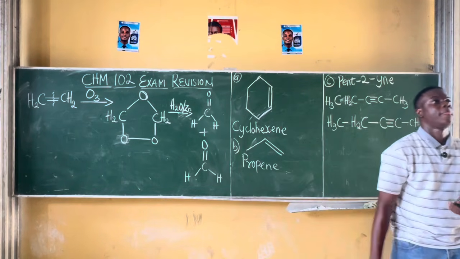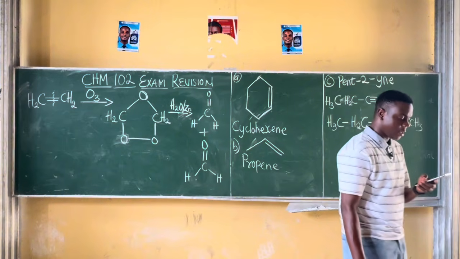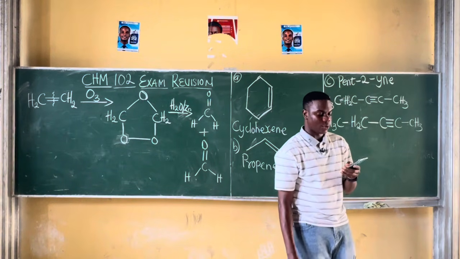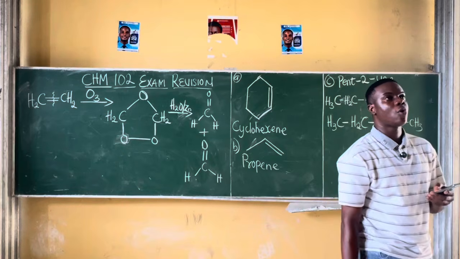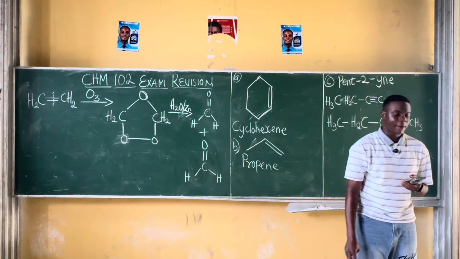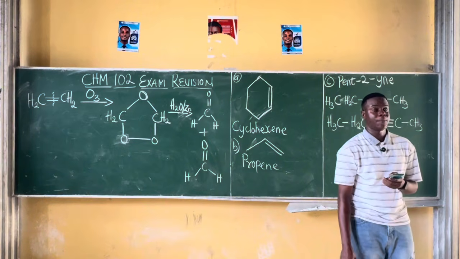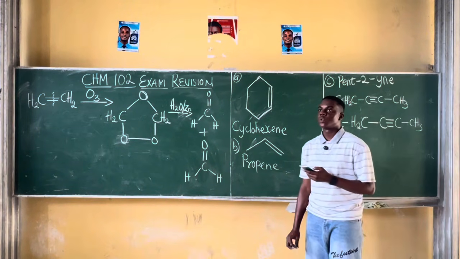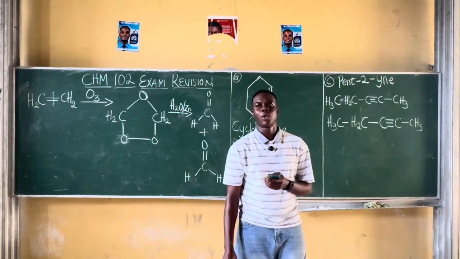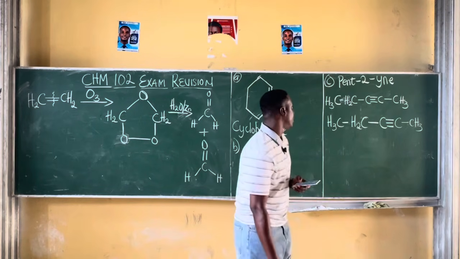Are you there? Okay, then the next structure is the same. You draw 2,4-dimethylhexa-2,4-diene. So they say we should draw this structure.